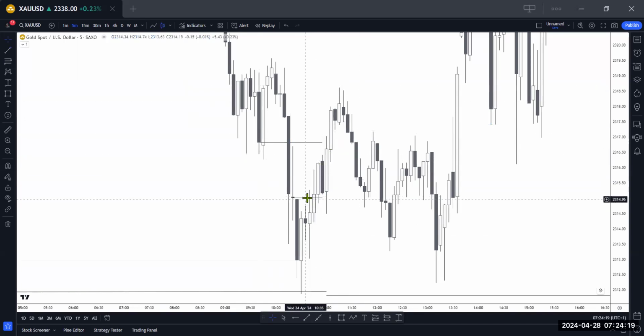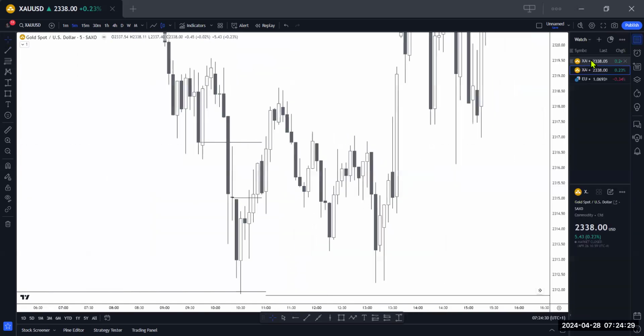So we have the first breakout from this gap level. I think because of Saxo, if you go to Oanda, it's probably a bullish candle. Let's check Oanda to confirm.